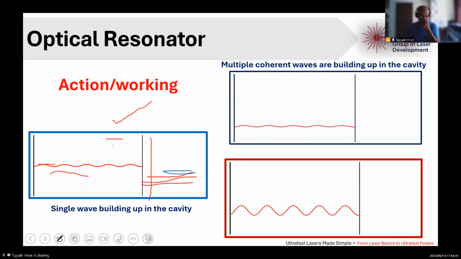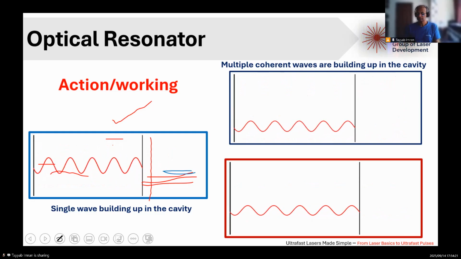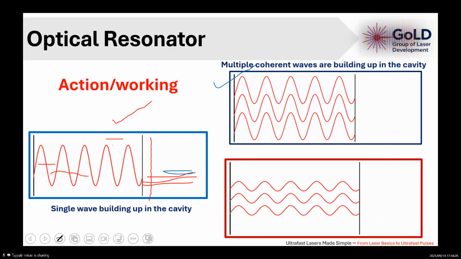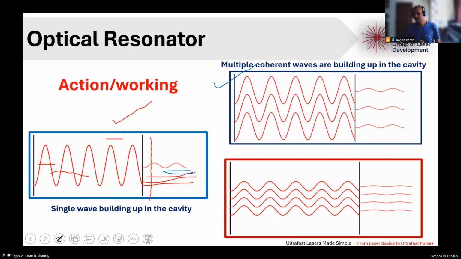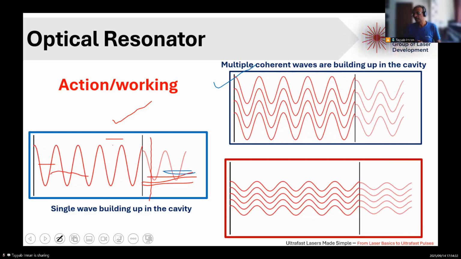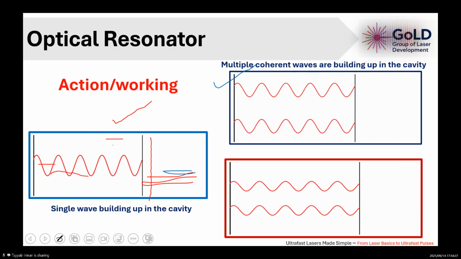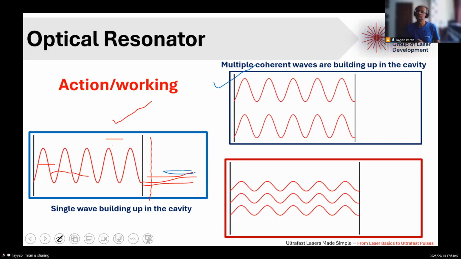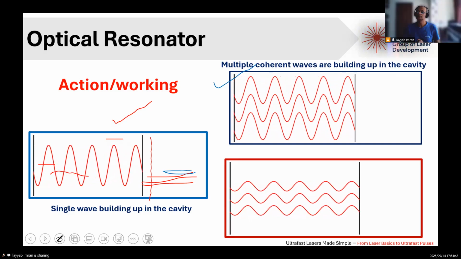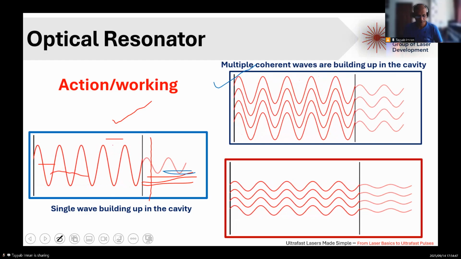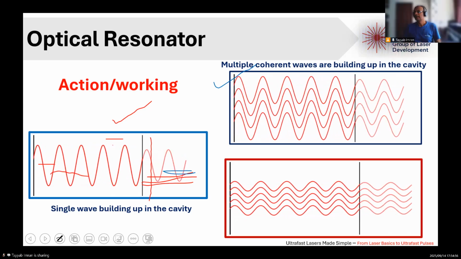Now come to the right side. Here, the upper one, what I showed here is multiple waves. There are about 5 waves, and they are coherent to each other, so it means it has one wavelength.